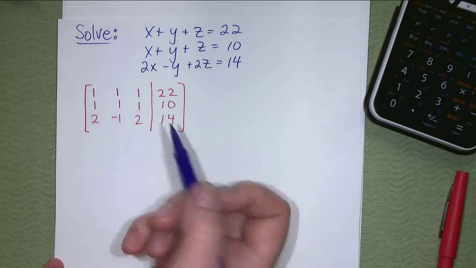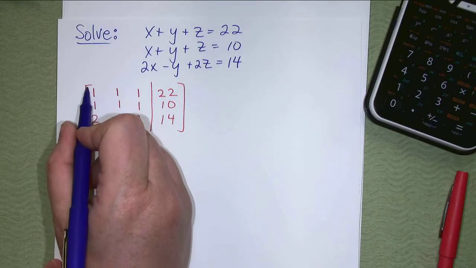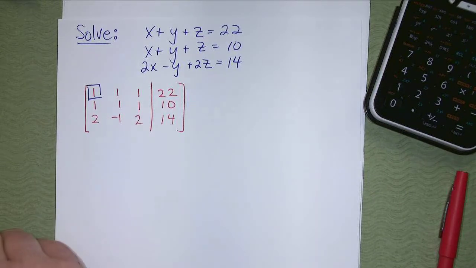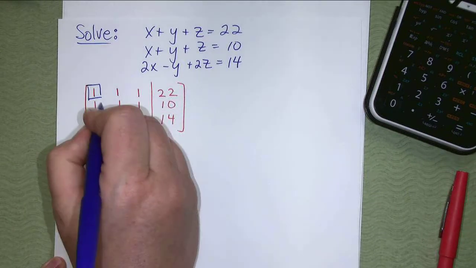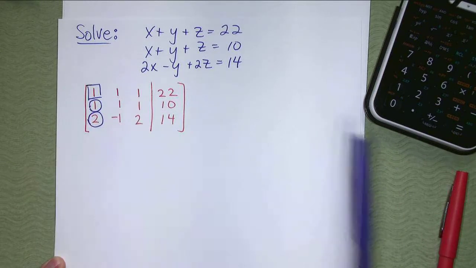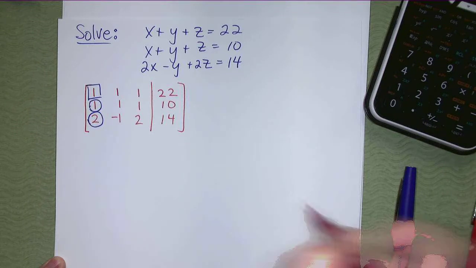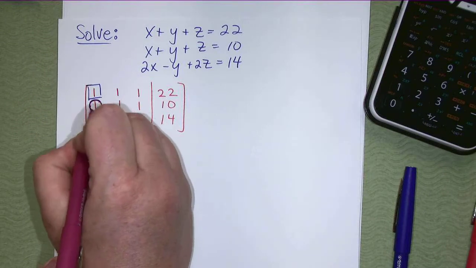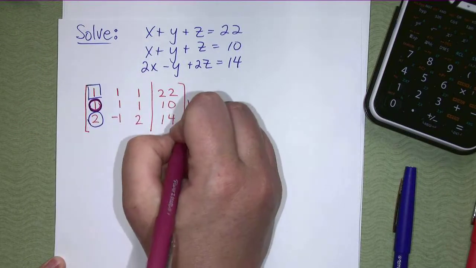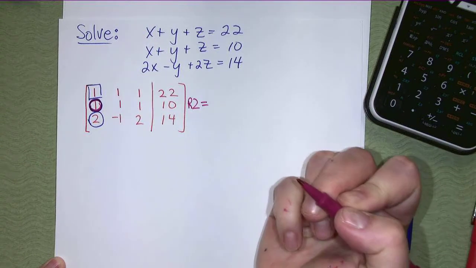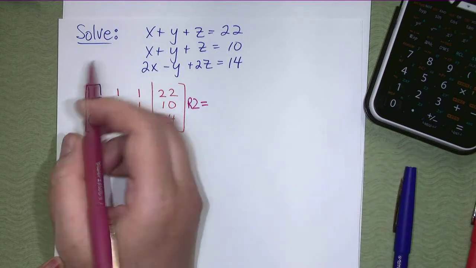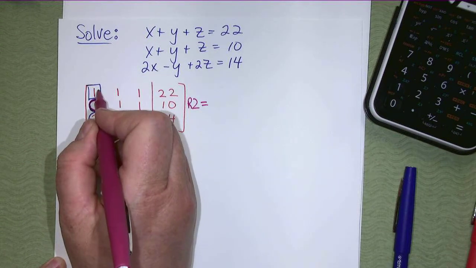So here's a 1 in the top corner, that's good. So we need zeros underneath. Do them in different colors. So this first one is in row 2. It's a 1, so the 1 has to be a negative 1. Negative 1 times row 1 plus row 2.